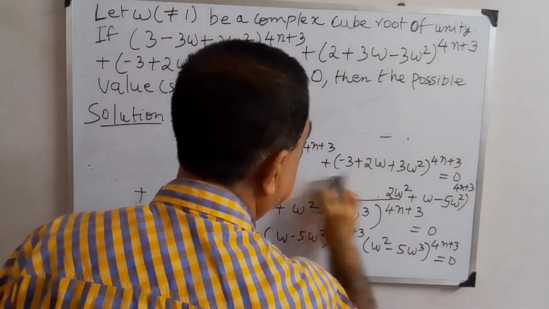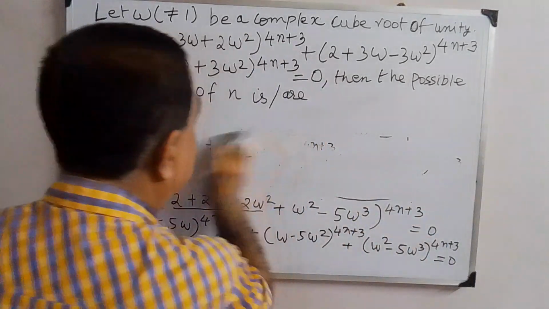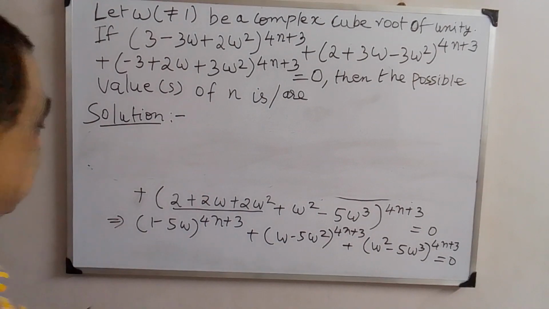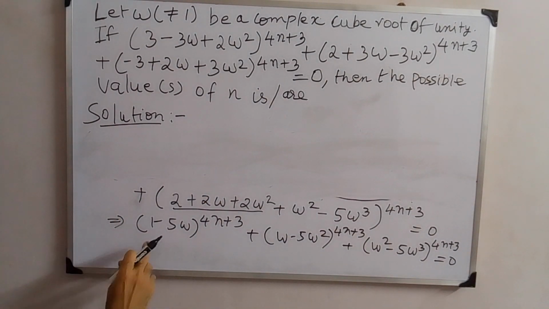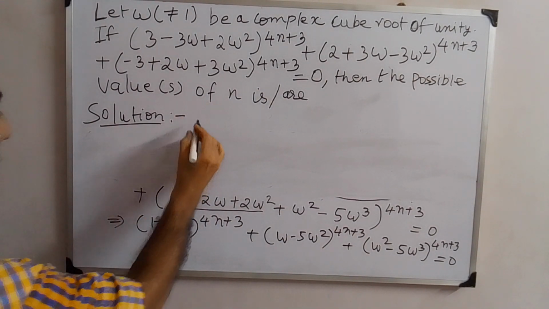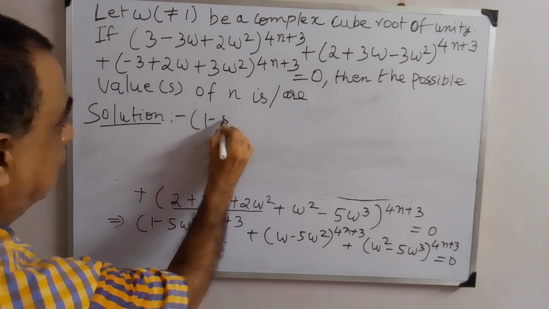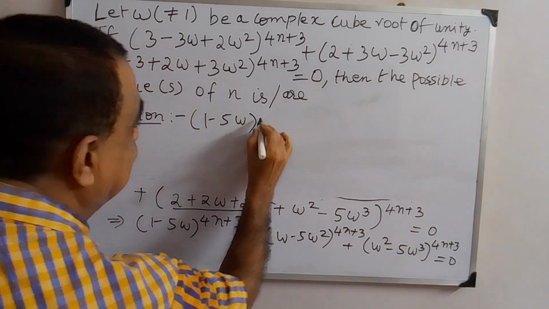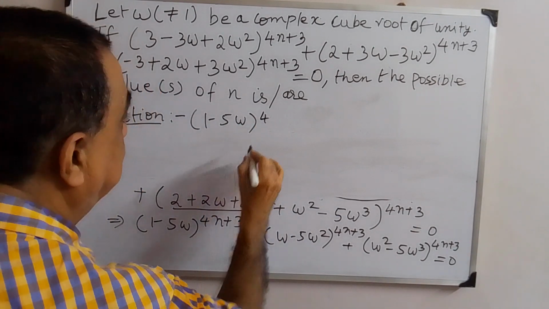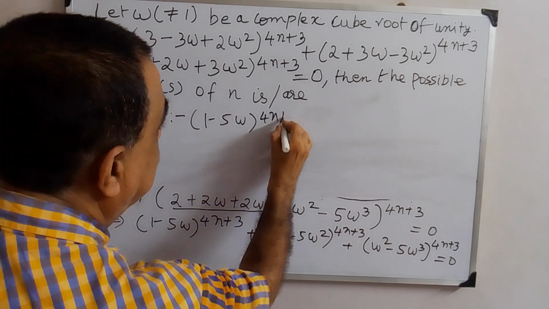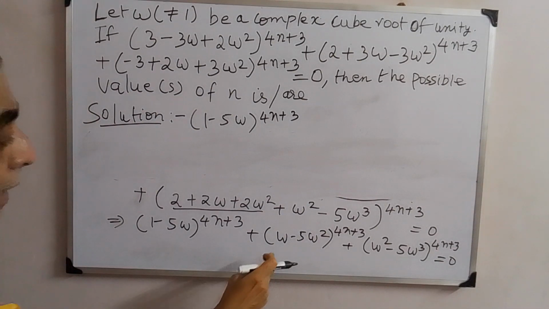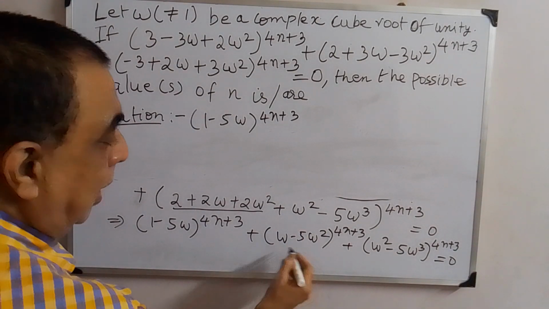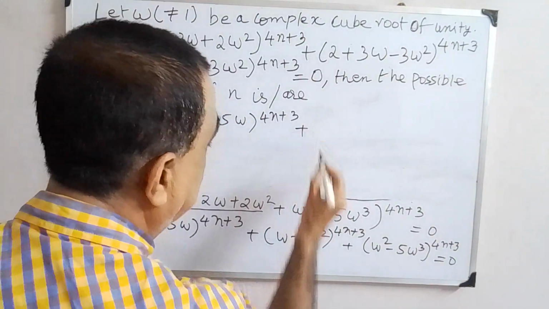Now see what we are doing. We are writing the first expression just as it is, 1 minus 5 omega whole to the power 4n plus 3. And here omega is common, so I am taking omega out.